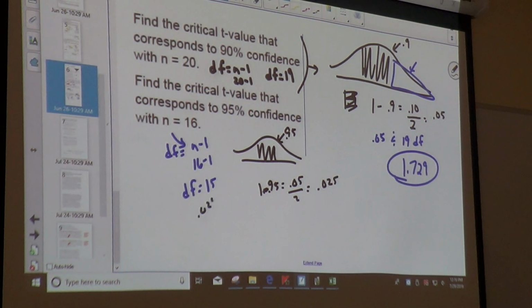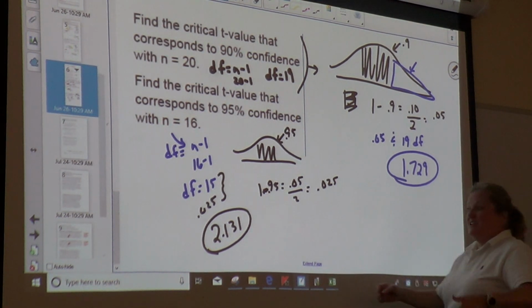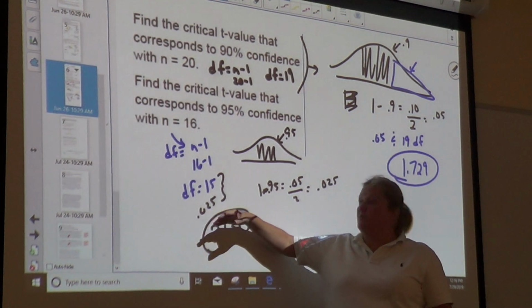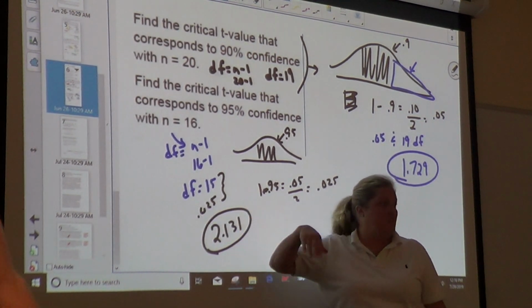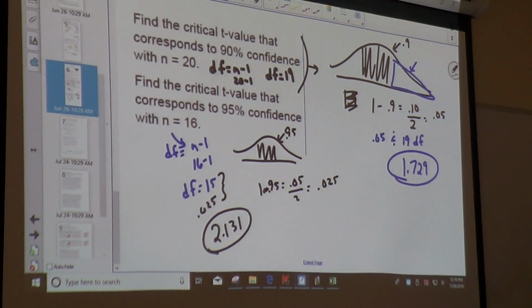So 0.025 and 15 degrees of freedom: 2.131. So just remember, if they give you the degrees of freedom, use it. If they give you the n, you've got to subtract your 1, and they're probably going to have both answers there to make sure that you know what you're doing.